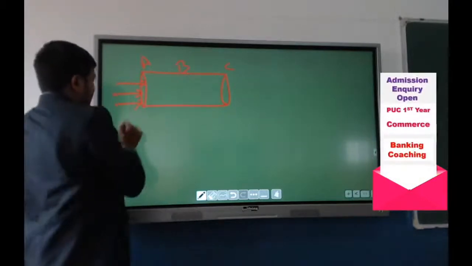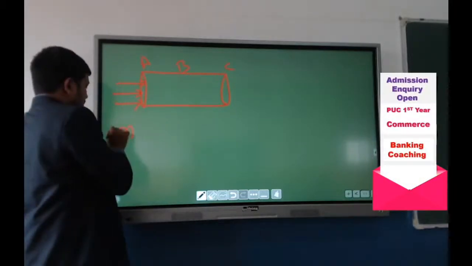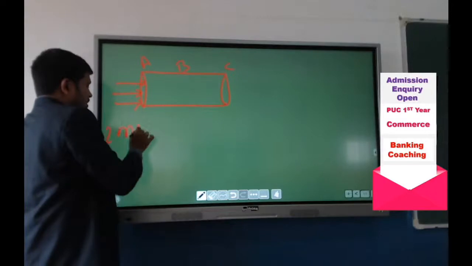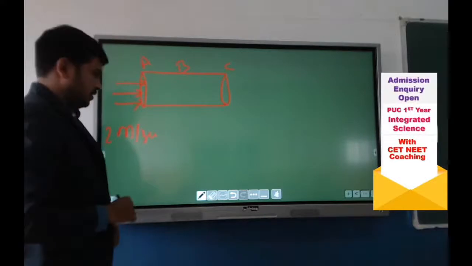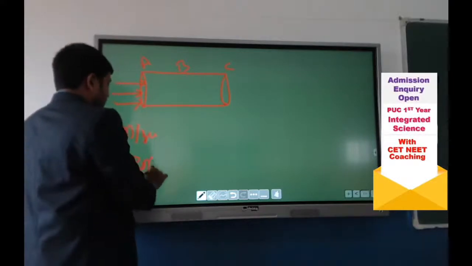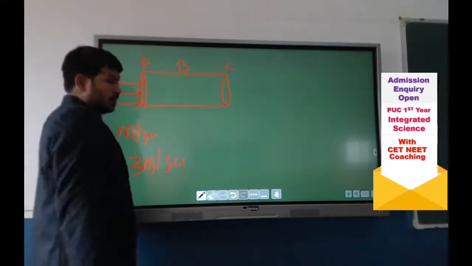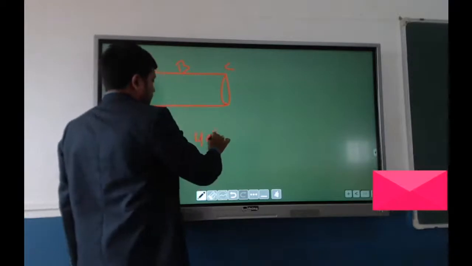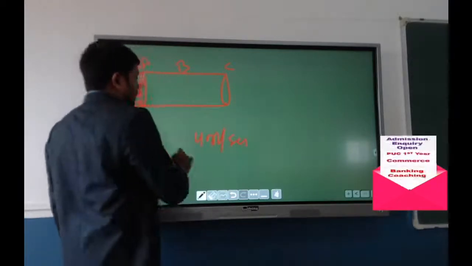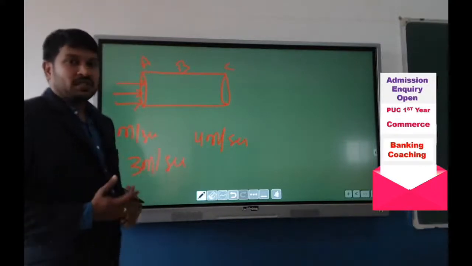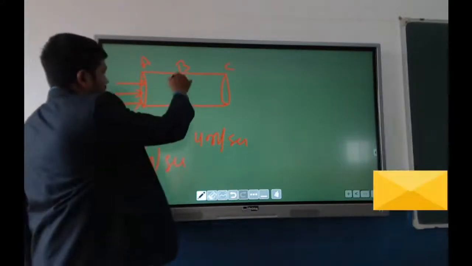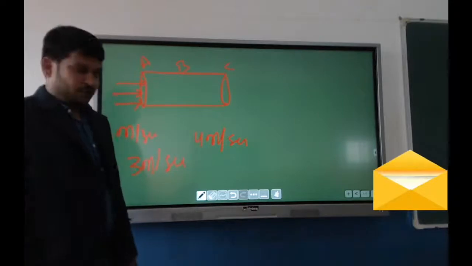Here from A to B the velocity is 2 meters per second. Then at point B it is 3 meters per second, and at C, 4 meters per second. Every time the velocity changes. Such a flow is known as turbulent flow.